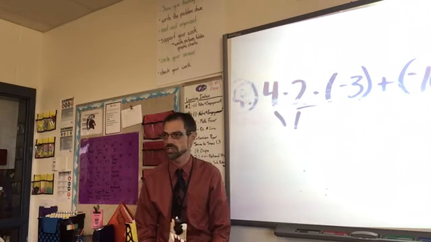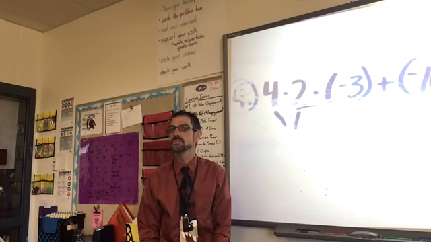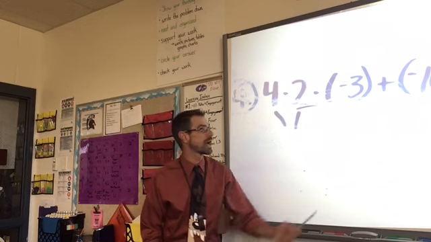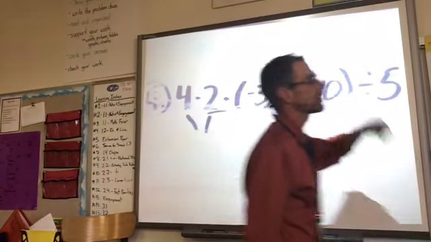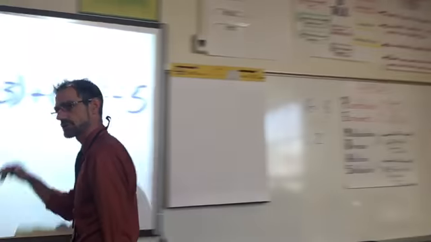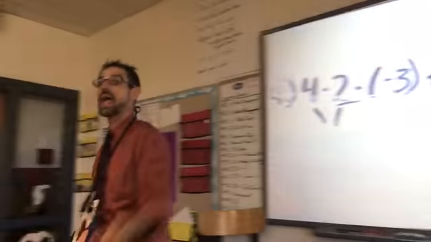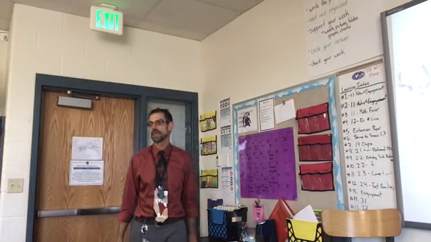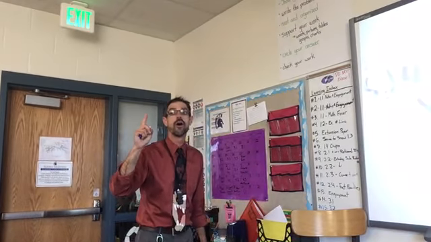What's the first thing I should do in this problem? Warren. Okay. Are the parentheses showing an operation or a number? These are a number, so I don't have to do that first. Then what? Do I have exponents? No. Nope. You multiply the farthest to the left.